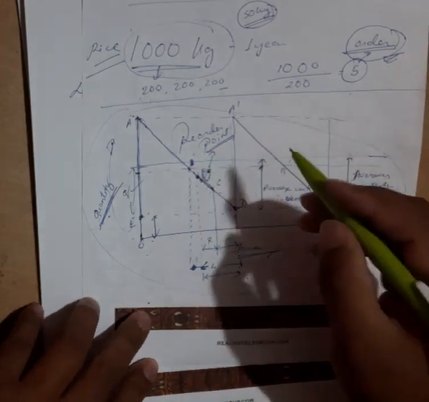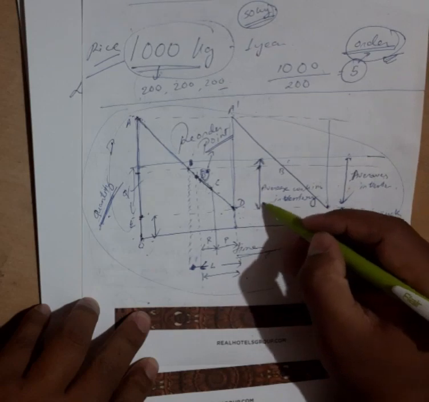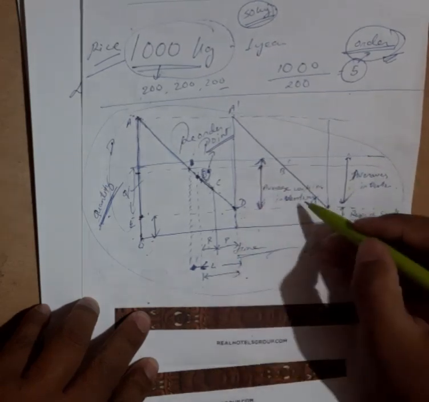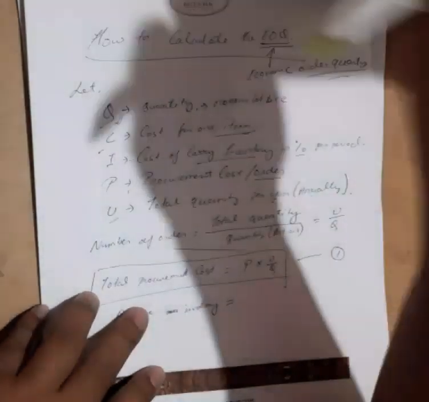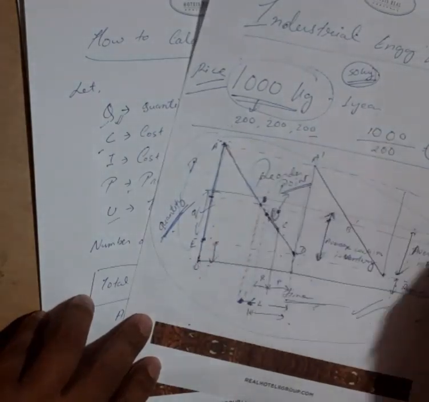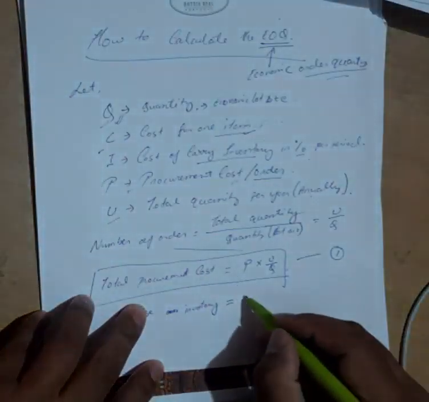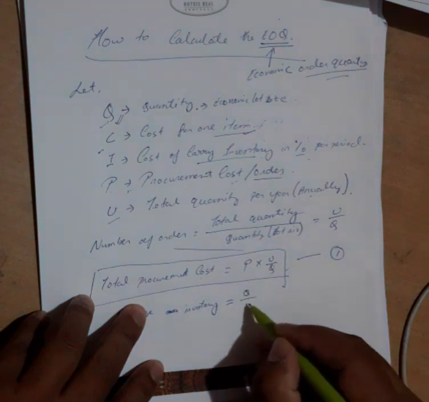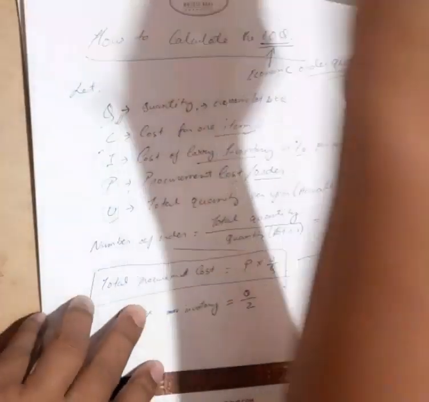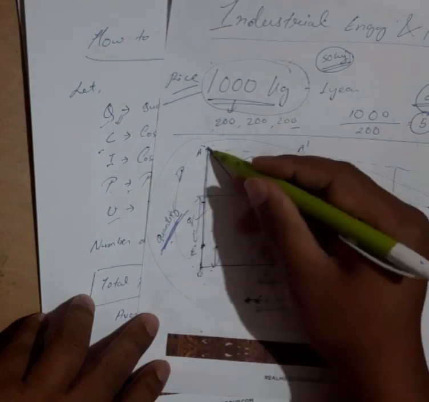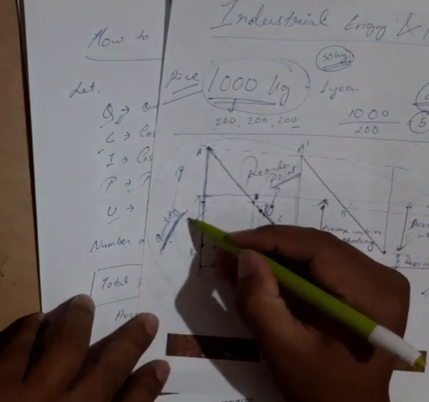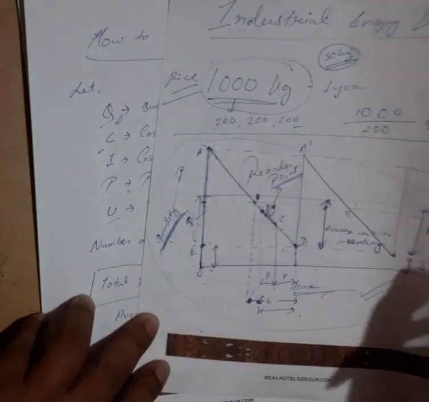That means the average inventory every time will be the total divided by 2, that is the average. That will be Q by 2. Total means EOQ is a Q, isn't it? It is a quantity. This is a stock.